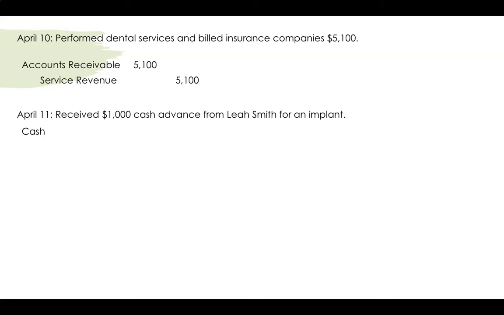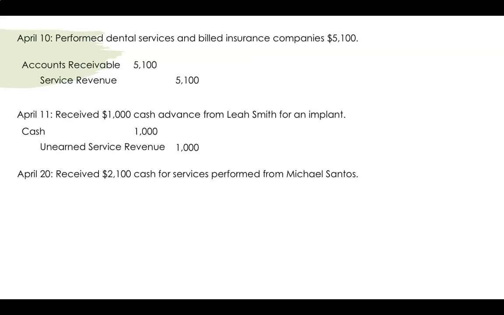And whenever we get paid in advance of actually earning that money, actually doing the work, we call that unearned service revenue. So your unearned service revenue account is a liability. So it's increasing here with this credit, and we just toss in the 1,000 amount that we were given.